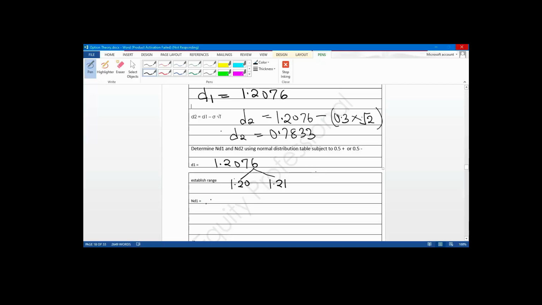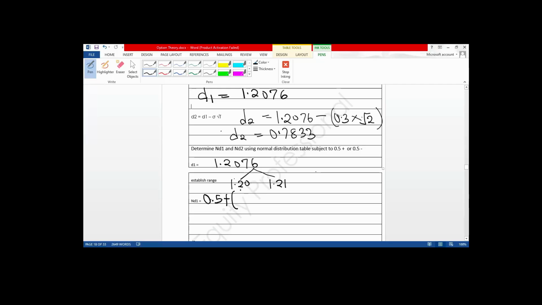Now go to your N(D1). Recall, if your D1 is positive, 1.2076, you are going to start your N(D1) with 0.5 plus, open a bracket. Now go to your normal distribution table.